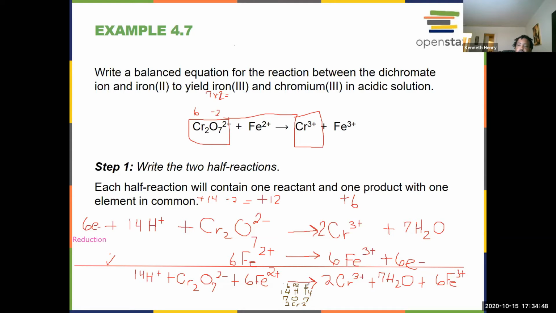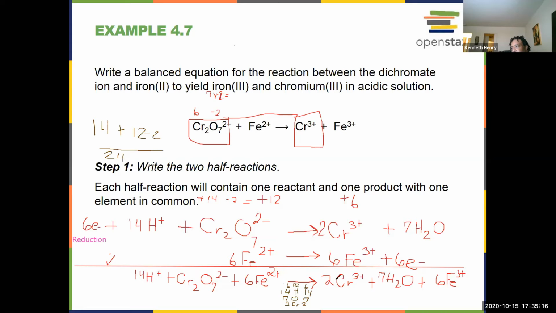If you check the charges on both sides, they should also add up. So I have 14 here, and then 12 there, and this one is -2. So that is 24 positive charges over there.